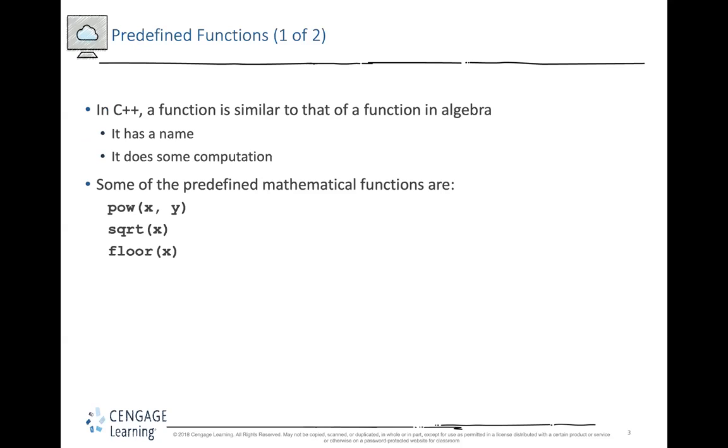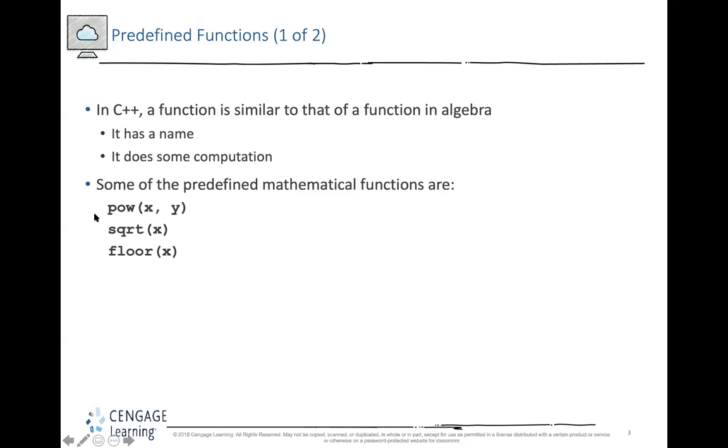And a function, now this is a comparison with algebra. In algebra, you also have the concept of functions. It has a name, it does some computation. So here are some example functions. pow, sqrt, and floor.